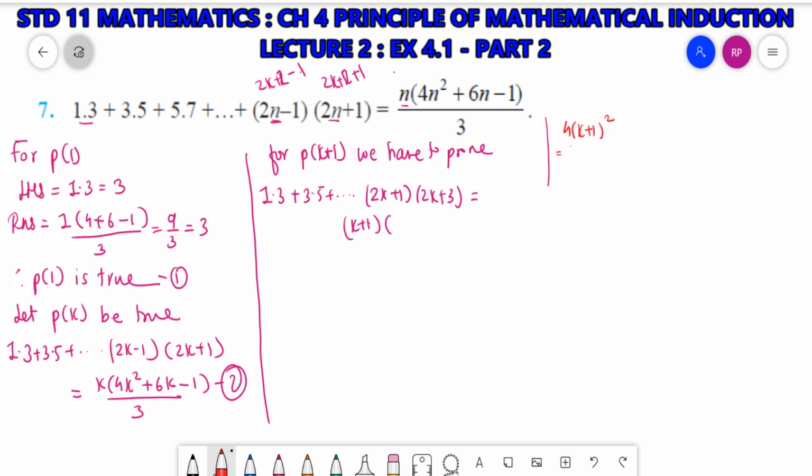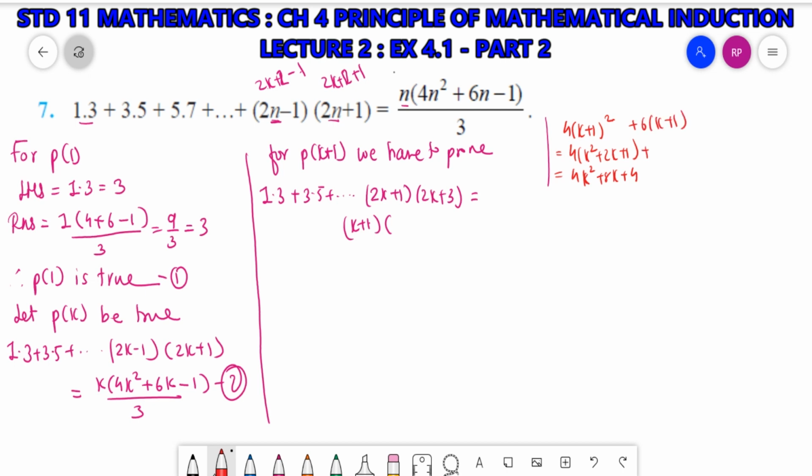So that will be equal to 4 into k square plus 2k plus 1. So 4k square plus 8k plus 4. Clear?